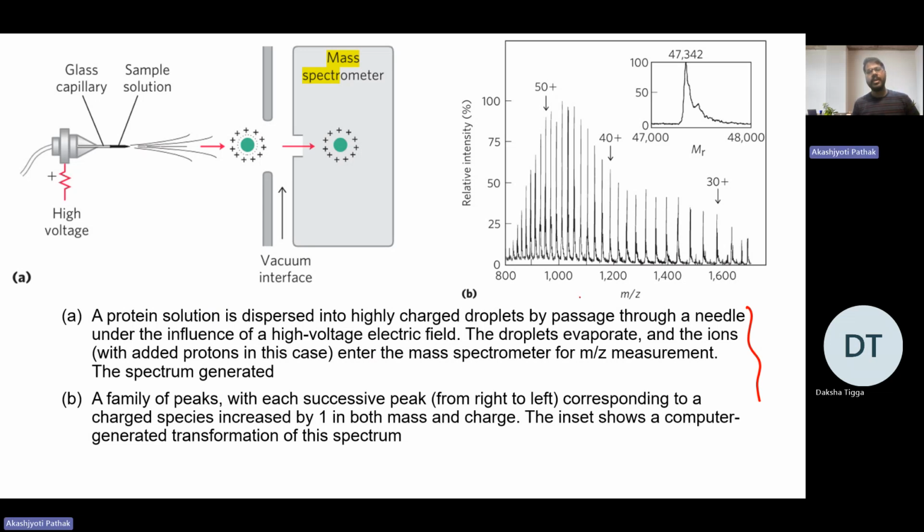Now figure B shows the spectrum that is generated, and this spectrum consists of a family of peaks, with each successive peak corresponding to a charged species increased by 1 in both mass and charge. So you see here this is 50, then there are 10. As you move along the M/Z axis, each of these peaks corresponds to an ion which has one less charge.